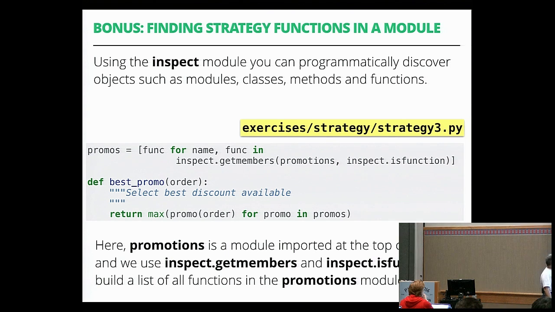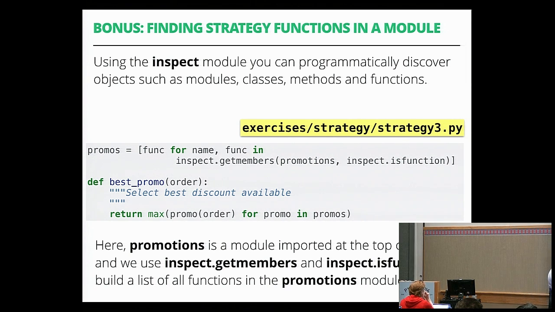It's smart about that. And it will return the members, which are the attributes, which may be just value attributes, data attributes, or maybe methods. And it will return that as an iterable of tuples, where each tuple has the name of the attribute and a reference to the value of the attribute, which in this case are functions.